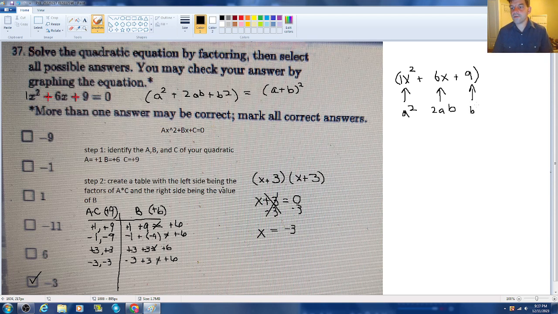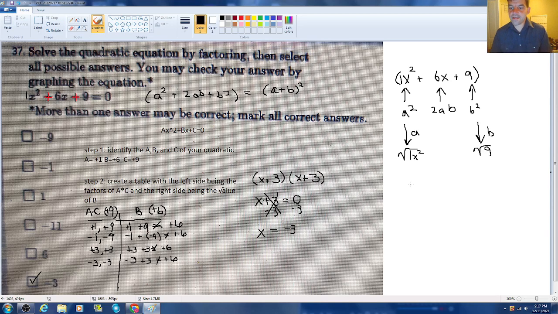So if I'm trying to solve this equation and factor it more efficiently or quickly, what I can say is to determine a, I just take the square root of 1x squared, and then for b, I just take the square root of 9.